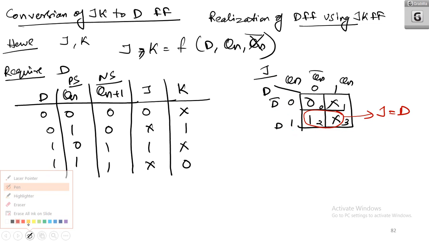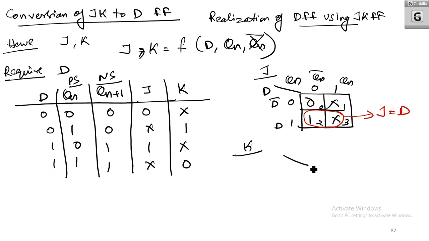Now coming to the next one, the expression for K. I am drawing a two-variable K-map, with D and Qn.